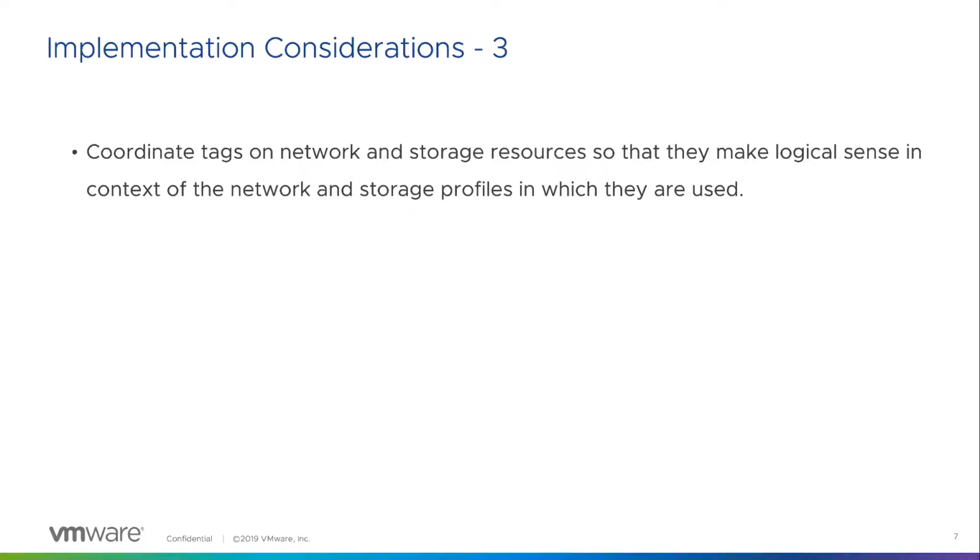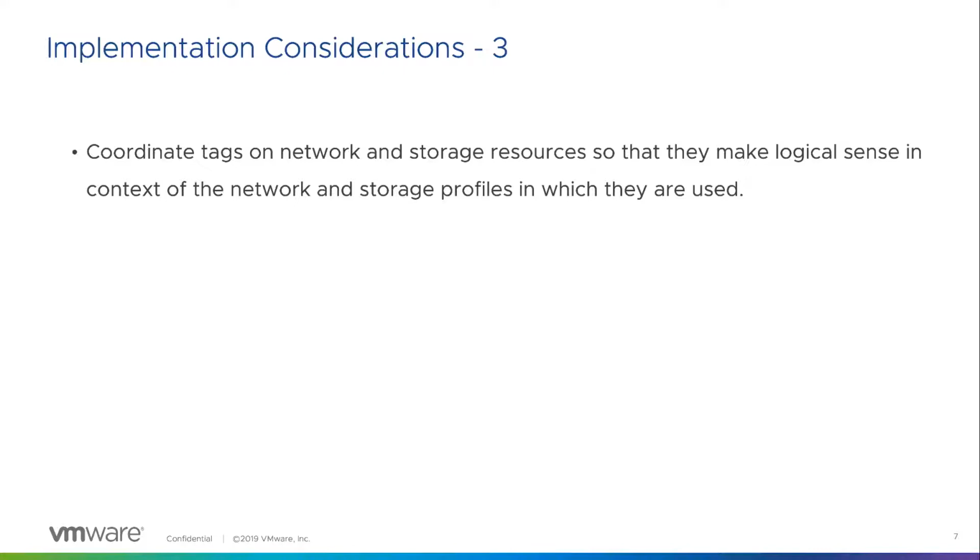Now, a few things: you should coordinate tags on network and storage so that they make logical sense. For example, you have a tier 1 storage, which is a production environment, and then you have a network for production and dev. You wouldn't want to deploy a virtual machine tagged to production or tier 1 storage, but with the network tagged as dev or test.